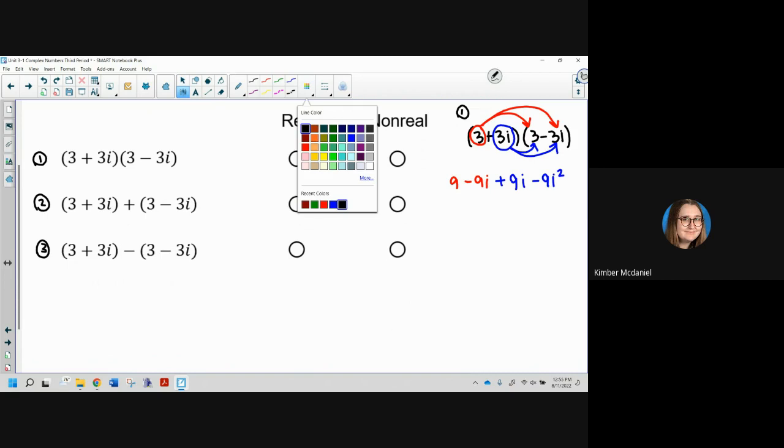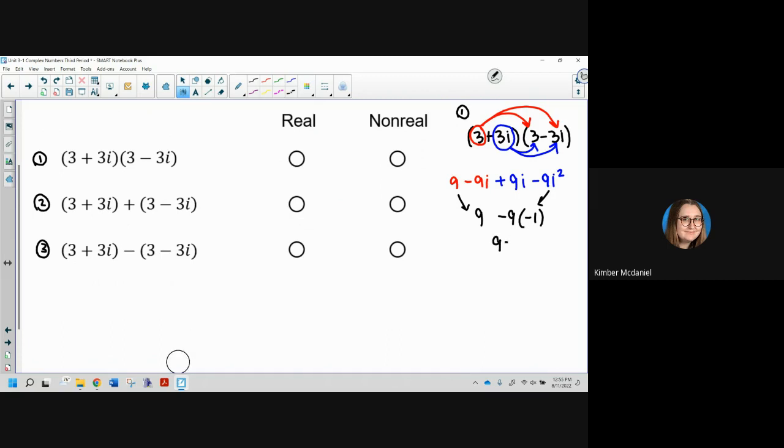But these cancel, leaving us with the 9 and then the negative 9 times negative 1. Okay, because I combined like terms, they canceled. Replace I squared with negative 1. Negative 9 times negative 1 gives us positive 9, and 9 plus 9 is 18. So this first expression is equal to 18. Real or non-real? Real.